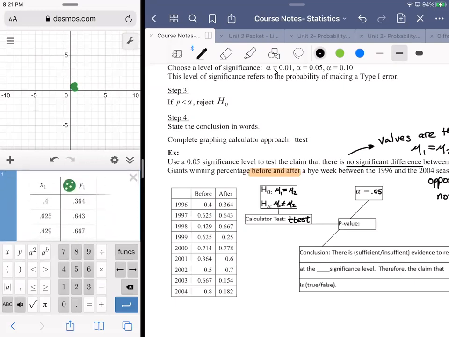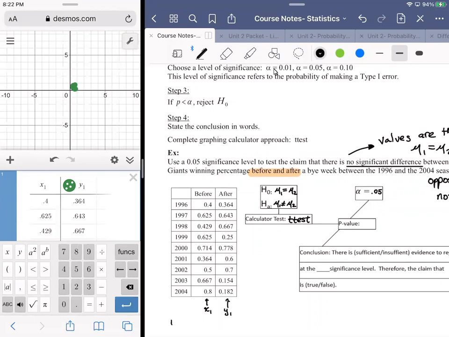What I want to do here is find the difference between these two columns, because if there's going to be a significant difference or no significant difference, we should probably figure out if there is a difference to begin with. So we create a table. These values go into X1, these values go into Y1.